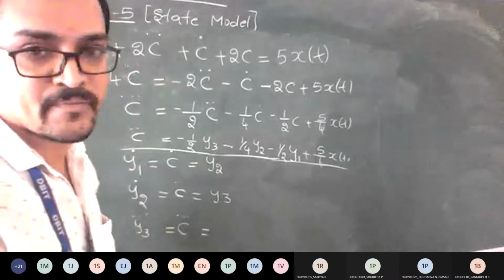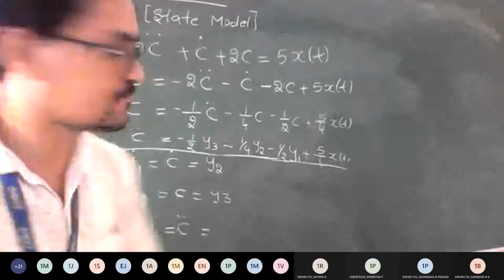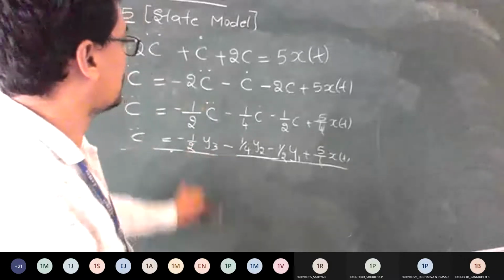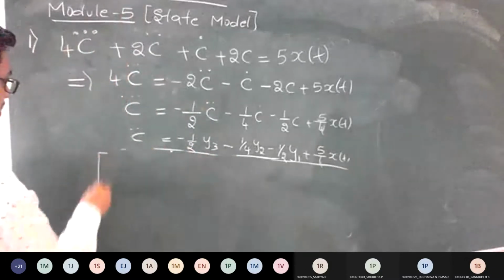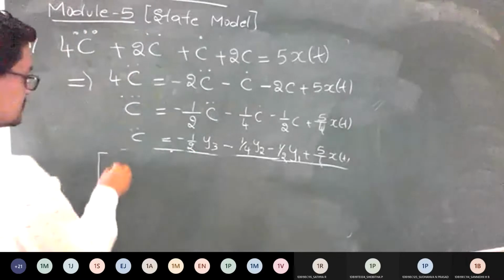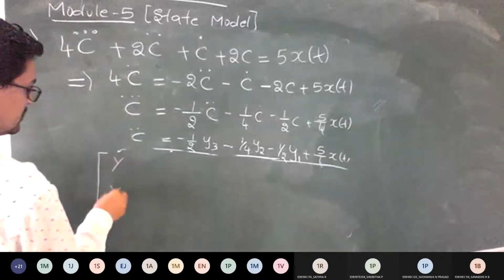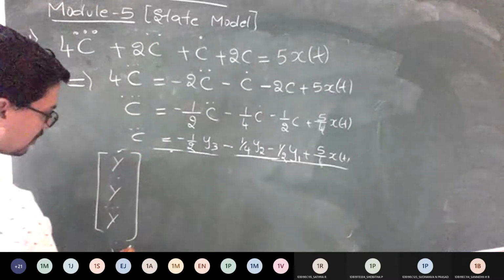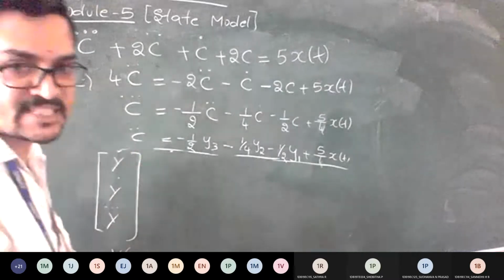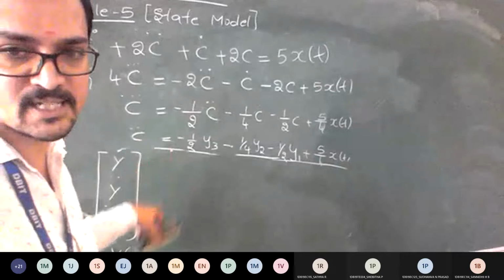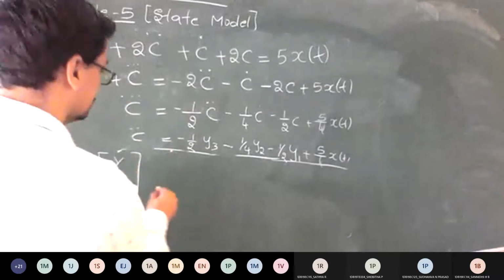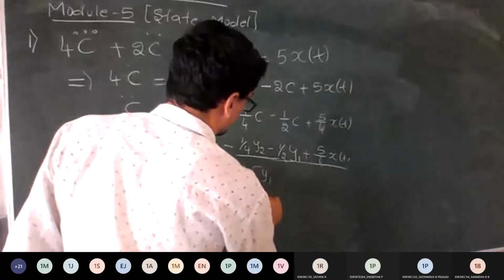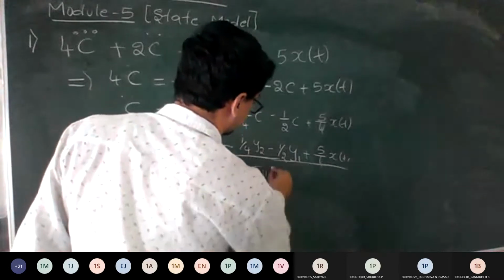Okay. So now represent this in matrix form. Whatever equations you got, represent that in matrix form. So here, what should I write? y dot, double dot, triple dot. So this is now like y dot of t. Instead of x dot of t, according to the question, it is y dot of t. Now the coefficients, guys, you'll get y1, y2, y3.